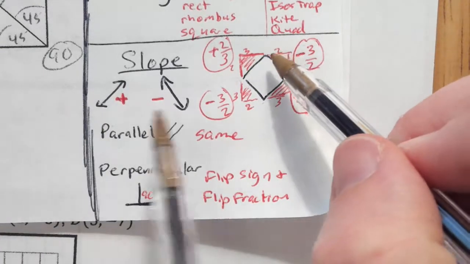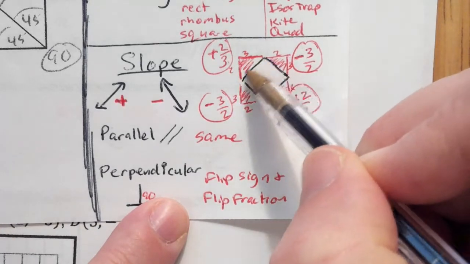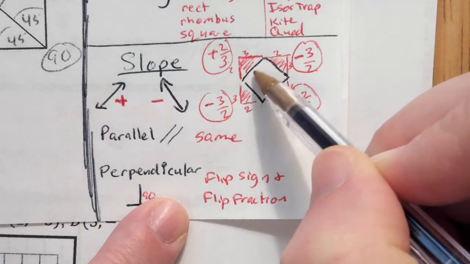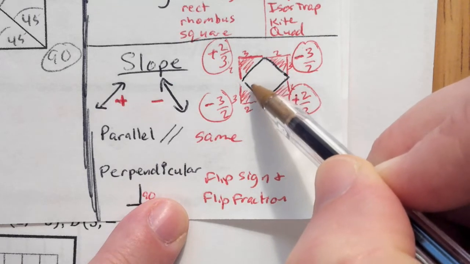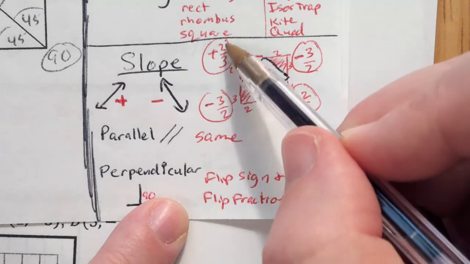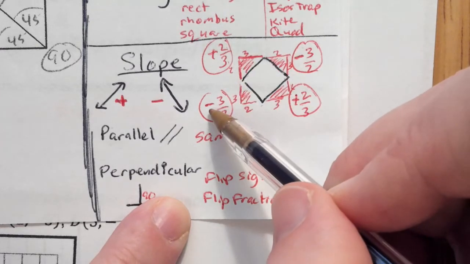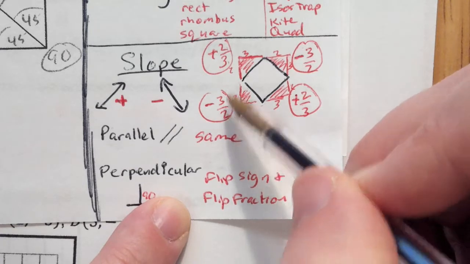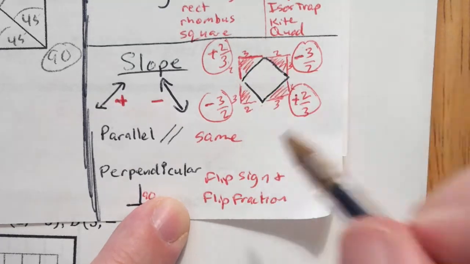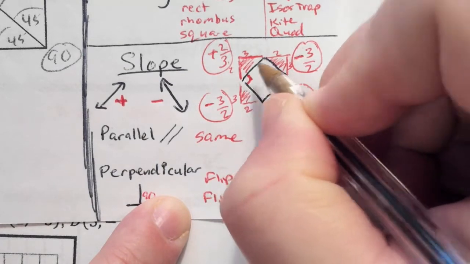Now, let's look at the intersections. This right here is positive 2 over 3, and it intersected with this side. So we're trying to see, is that a 90-degree angle or not? Well, let's compare the two. Are they perpendicular to each other? Yes, they are. Because you flip the sign, that's now a positive, and you flip the fraction from 3 over 2, it turns into 2 over 3. And so this right here is 90 degrees.